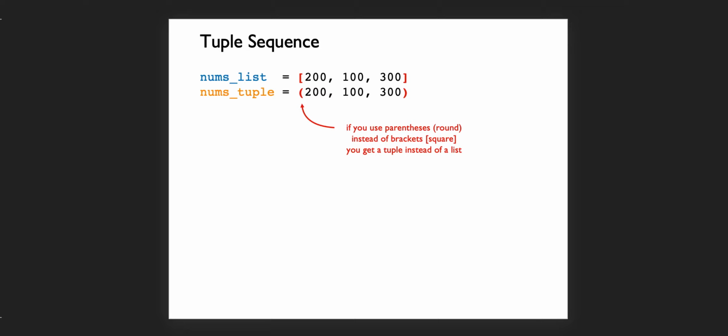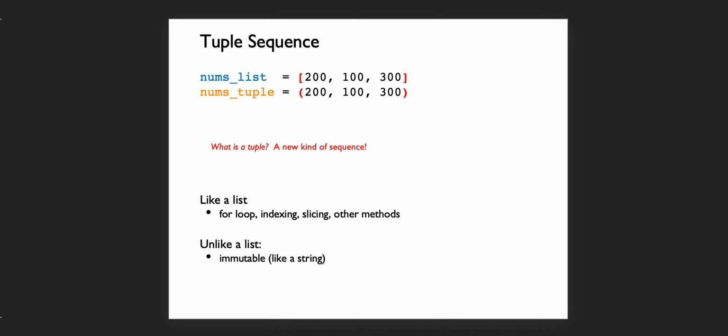If you replace the square brackets in your list initialization with parentheses, then you're going to get a tuple. So let's take a look at the similarities and the differences between lists and tuples. A tuple is a sequence, similar to a list.